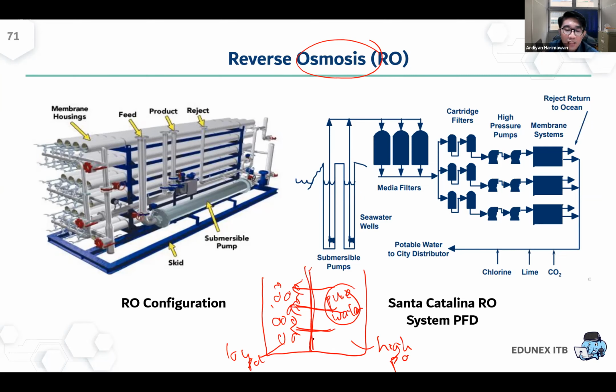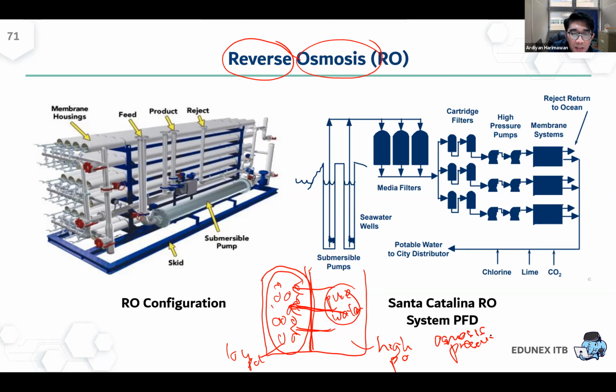Okay, our purpose is to have clean water, right? So if just osmosis, this is not the process that we want, because the water will go to the other part. The concentration of this part will be lower, but you won't get pure water. So in reverse osmosis, we apply external pressure to counter this pressure. When water flows from the right side to the left side, it will create the osmotic pressure.